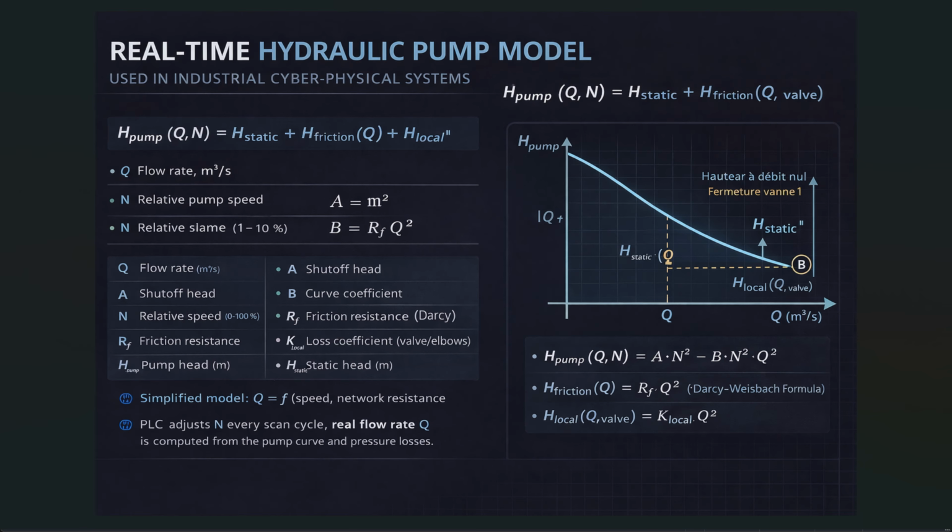Behind the visualization, the system relies on simplified hydraulic calculations. The model uses real engineering parameters such as fluid density, pipe diameter, pipe length, friction factor, and valve loss coefficients.